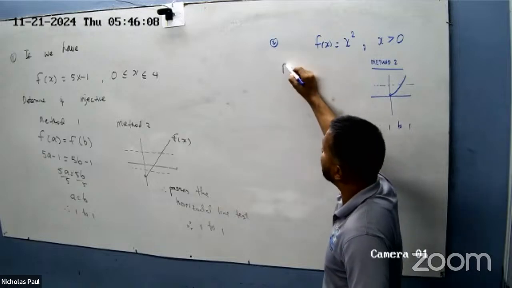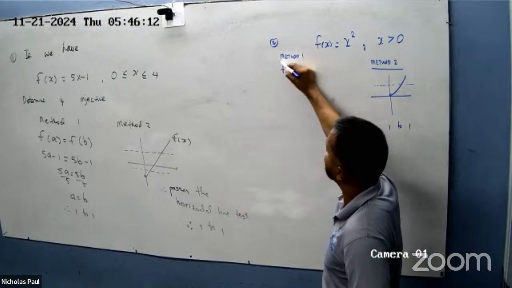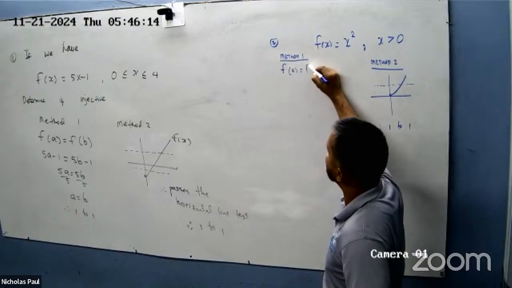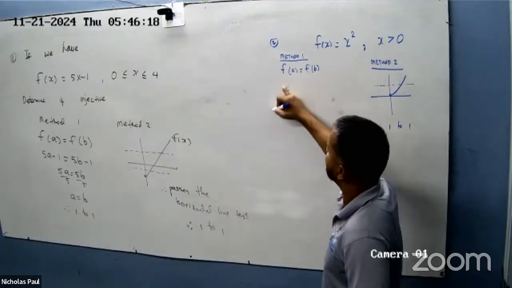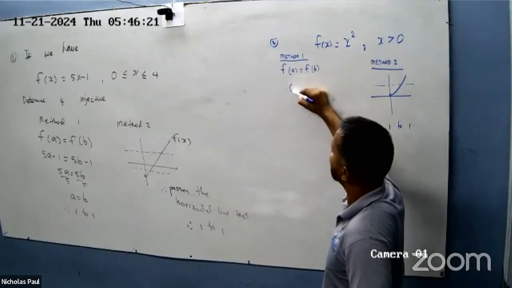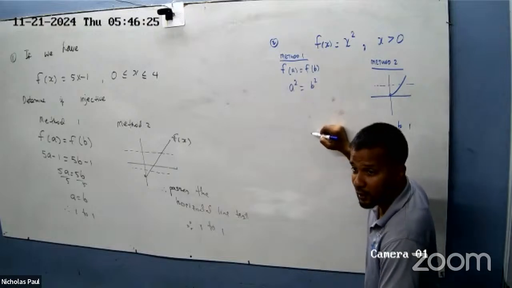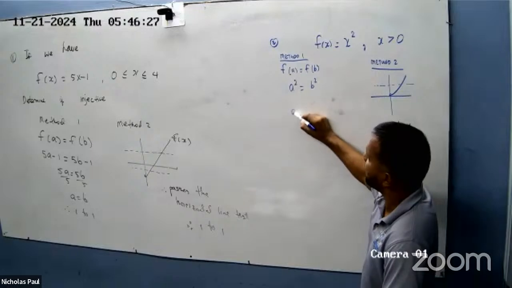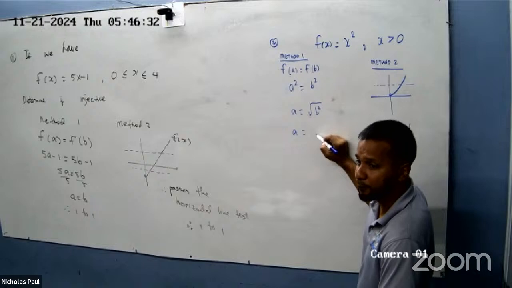Or we could say this is method 1. We could say f of a is equal to f of b. Put a in here, you'll get a squared equals b squared. When you take the square root, what's the square root of b squared?